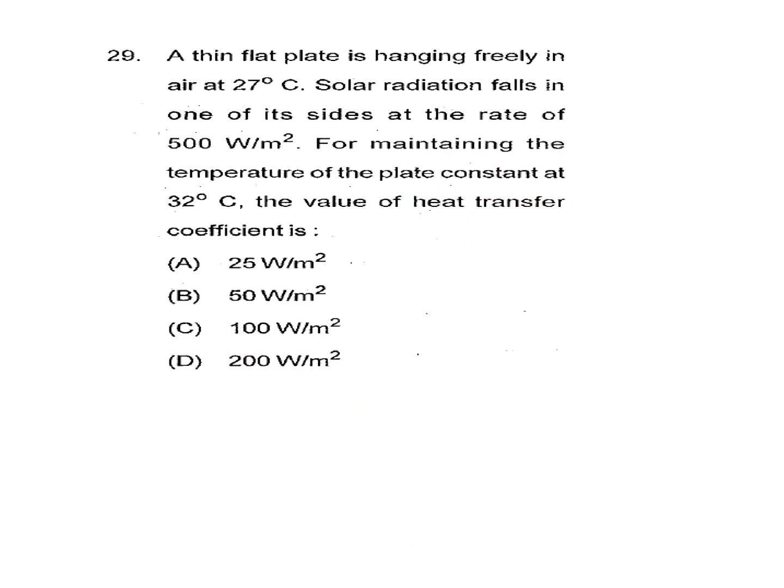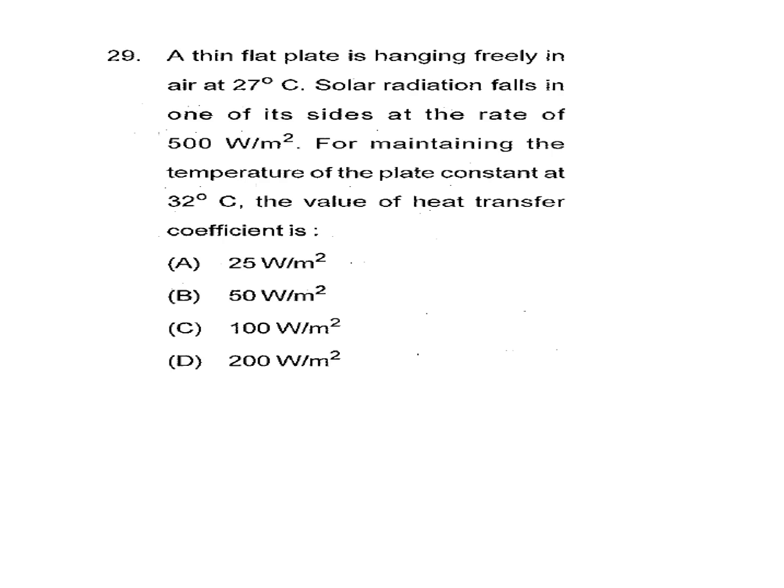Question is, a thin flat plate is hanging freely in air at 27 degrees Celsius. Solar radiation falls on one of its sides at the rate of 500 watt per meter square. For maintaining the temperature of the plate constant at 32 degrees Celsius, the value of heat transfer coefficient is how much? H value we have to calculate.